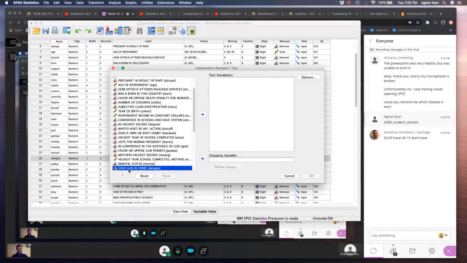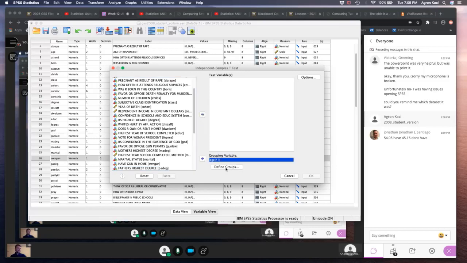Let me bring that over here. So have gun in home is going to be your grouping variable. Okay. Don't let the wording of the exercise fool you, meaning okay, younger people, older people, because some of you can mistakenly put age into the grouping variable.